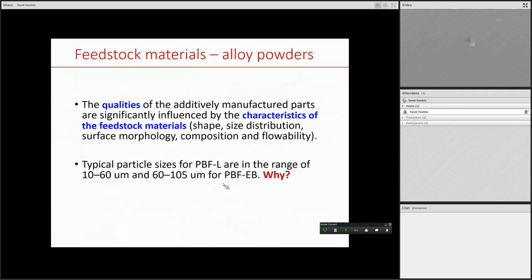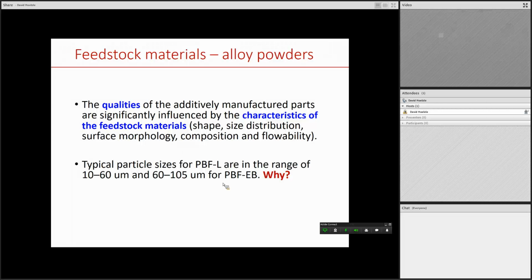Then, as I mentioned, there are some differences between the processes with different feedstock materials, powders or wires or sheets. This feedstock significantly influences the quality of the additive manufactured parts. So there's one question here.